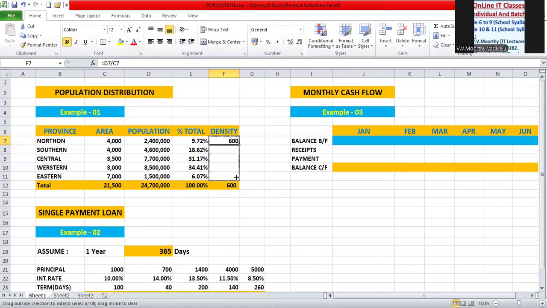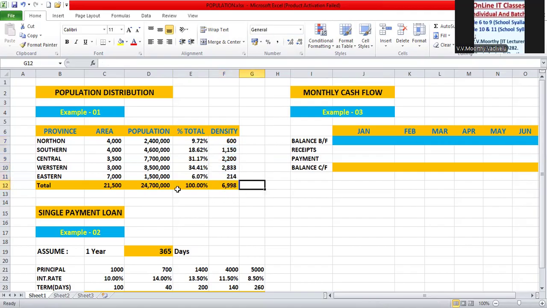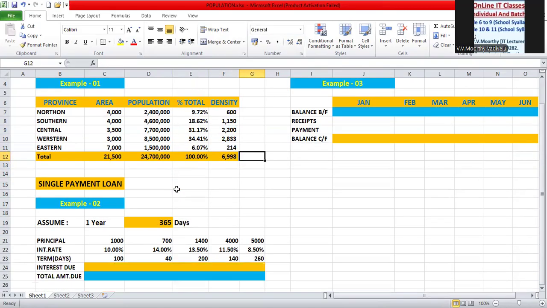Then copy this. Put the comma sign. It's coming this way. So this is example 1.